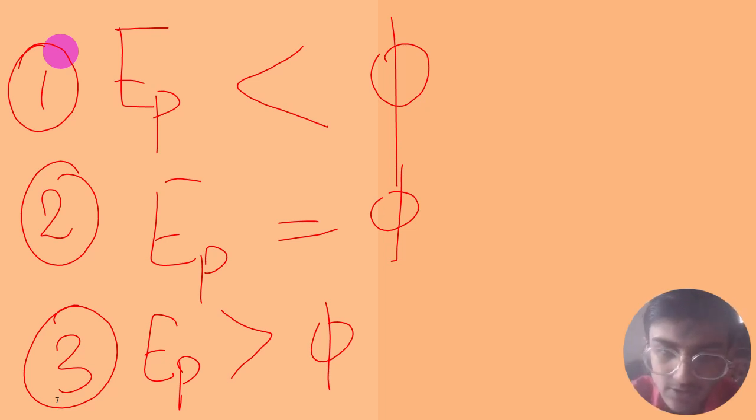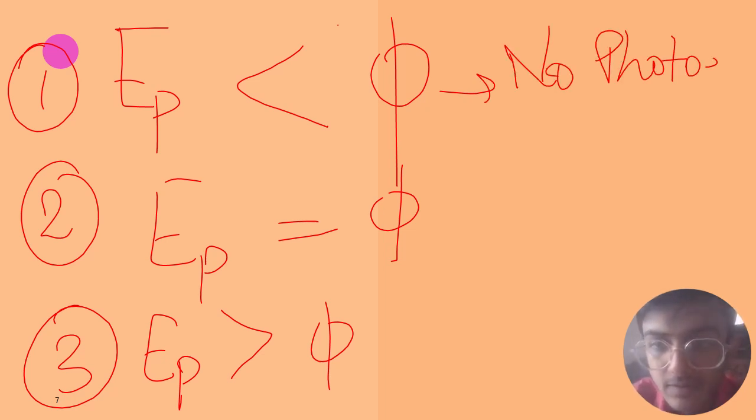Thus you see, very logically, for photoelectric emission we need a minimum amount of energy, and that should equal the work function of that metal. But if the energy is less than the work function, then there is no possibility of photoelectric emission. So here there will be no photoelectric emission.